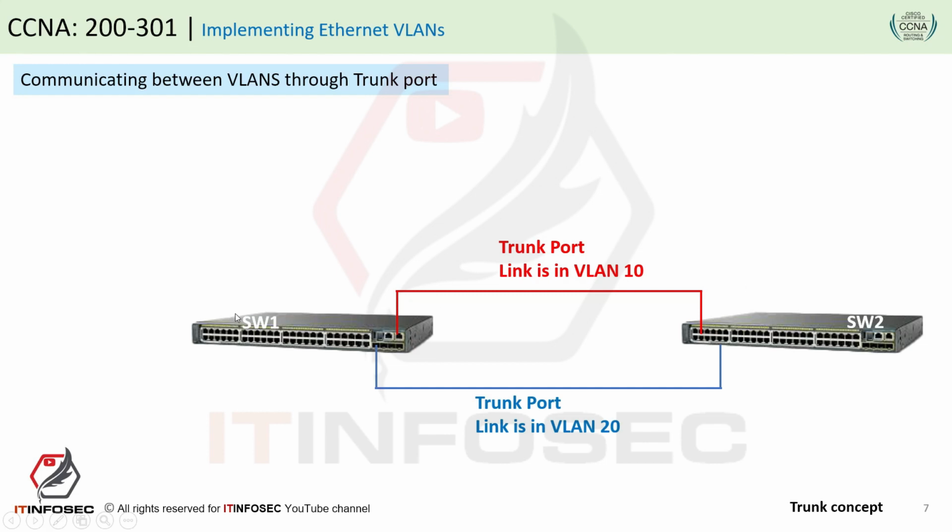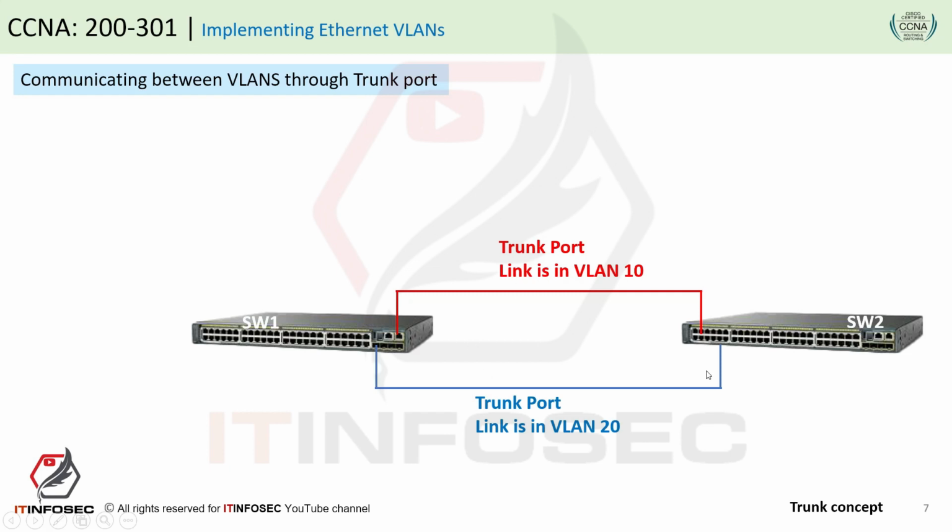When you want to transfer a packet from VLAN 1 on switch 1 to VLAN 1 on switch 2, the packet will be transferred through the trunk port so it can be received by the destination VLAN on the destination switch.